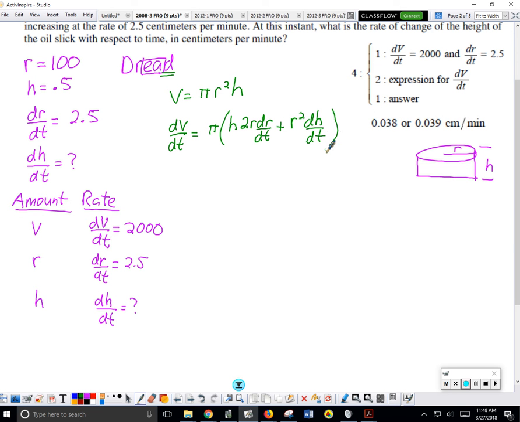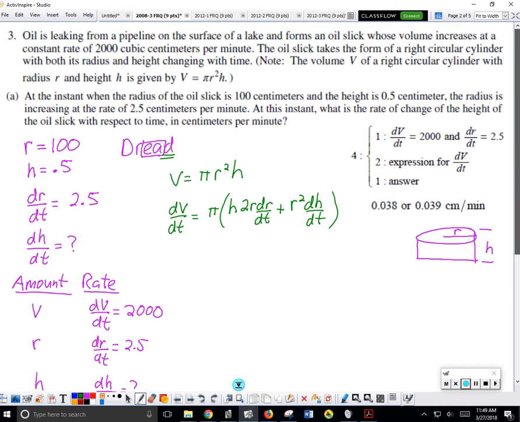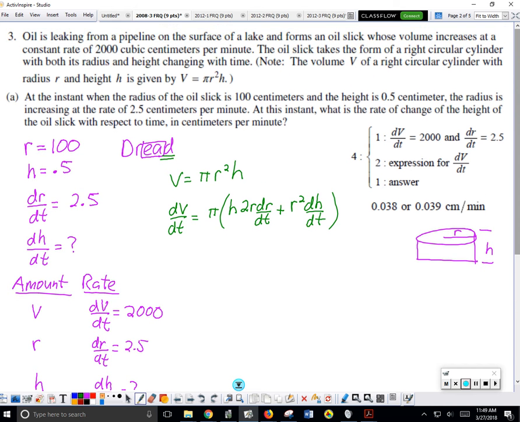I can't remember if taking the derivative is just supposed to be memorized or if... Oh yes, thank you. Kind of both. The acronym is the part that we've memorized: when we get to the D, we're supposed to take the derivative of the equation that we created. The reason we do that is because that's how all related rate problems work. You start by saying the rates are related. If the rates are going to be related, the amounts must be related.